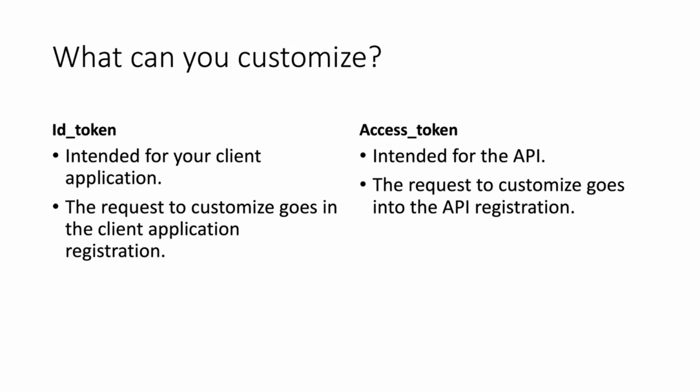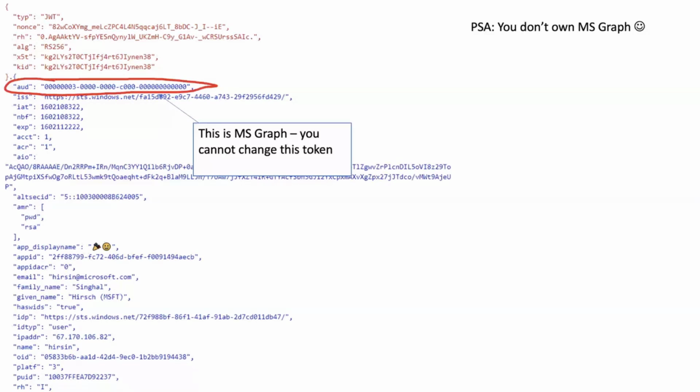Now this will become a little bit clearer when I go through the demos, but let me actually show some screenshots here. This is a token intended for Microsoft Graph. How do I know that? The audience over there, the GUID for that, is Microsoft Graph. So if you say that I want to insert a custom claim in this token, we do not allow that change. And there is absolutely no reason why you should be inserting custom claims in a token intended for Microsoft Graph.